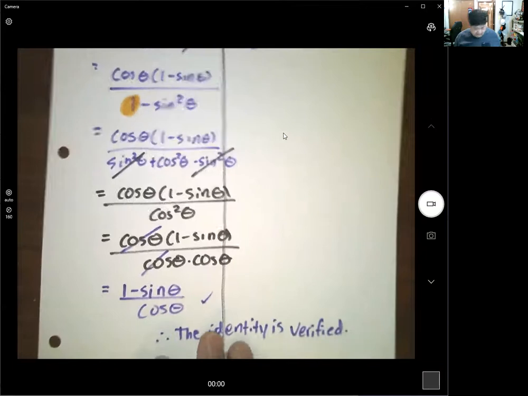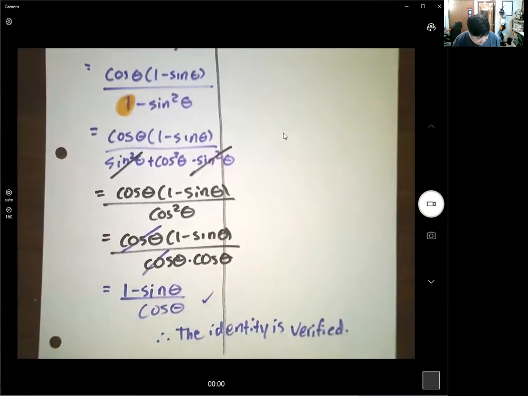So I want you to see that there aren't too many things that could happen. This was another problem in a row where you can see that I used the strategy of multiplying by the conjugate.